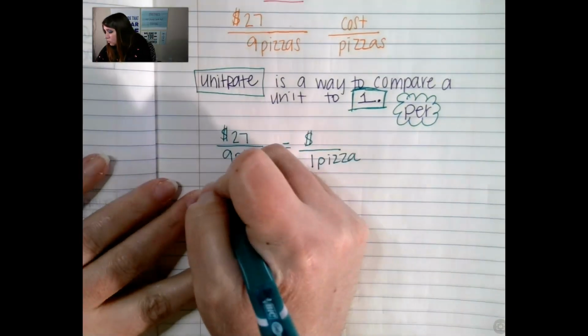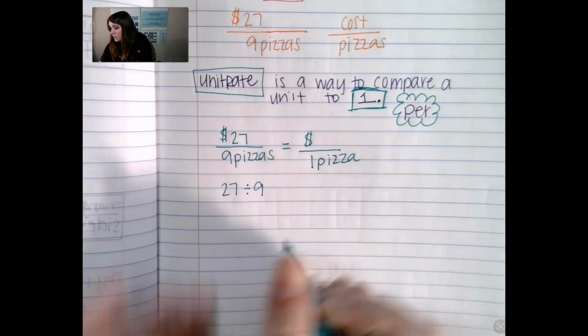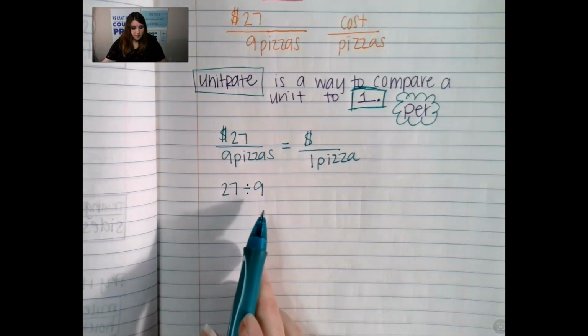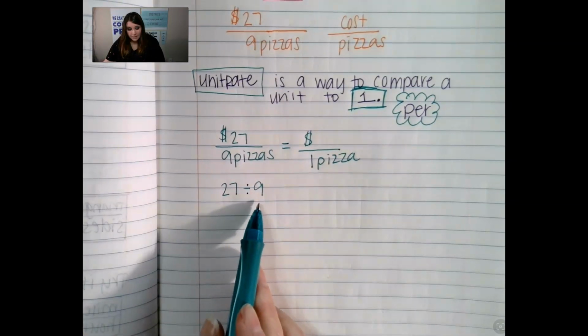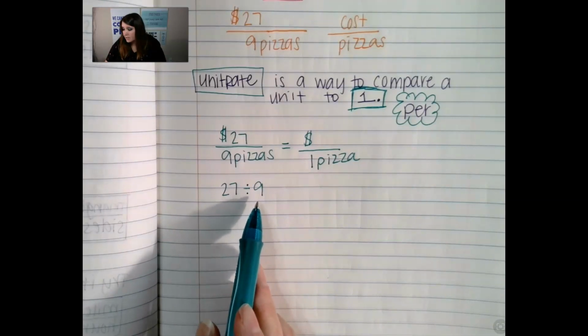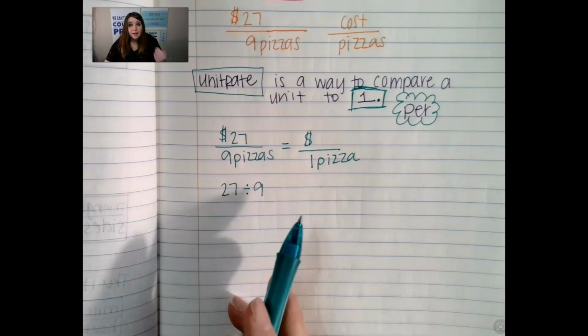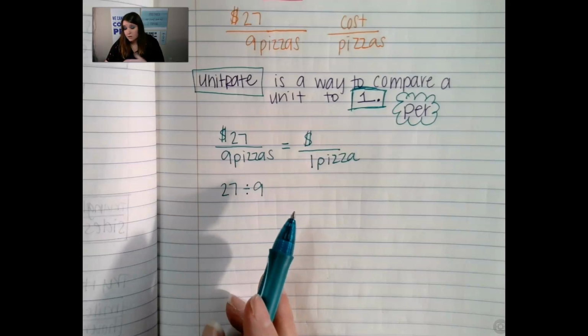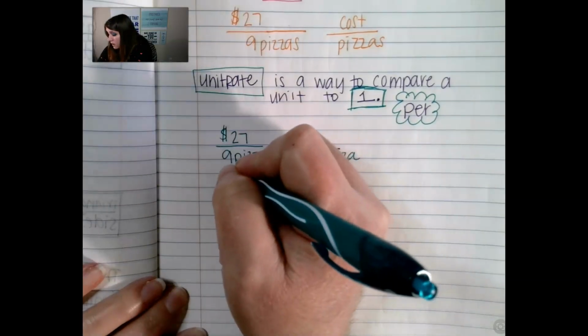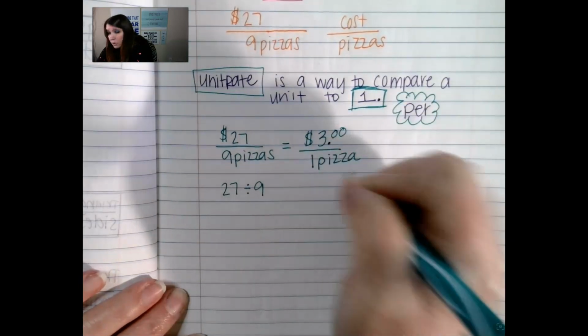If I take 27 and divide that by 9, so $27 divided by 9 pizzas, I get a cost of $3 per pizza because 9 times 3 gives us a total of 27. So 27 divided by 9 gives us a total cost of $3 per pizza.